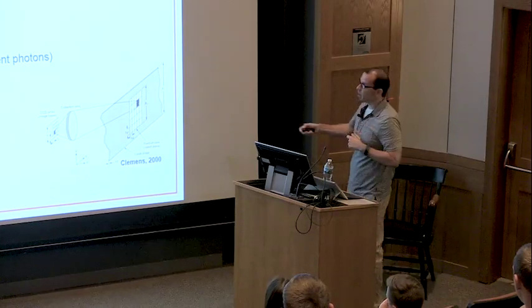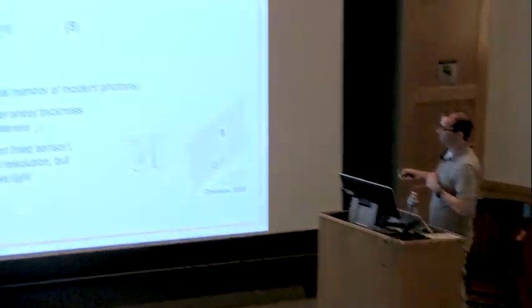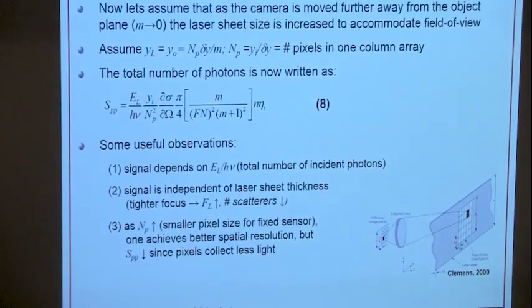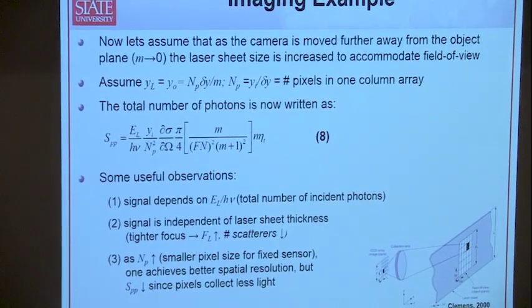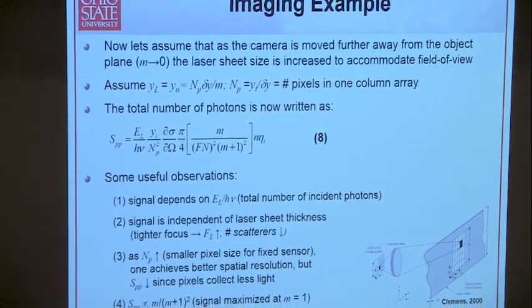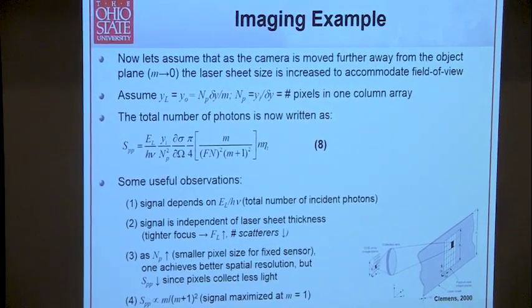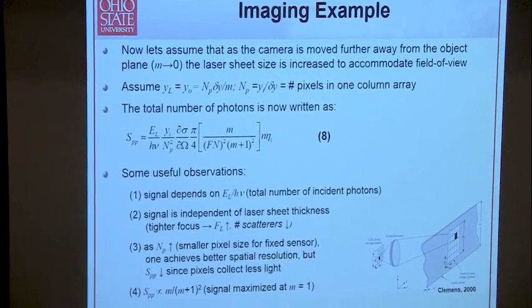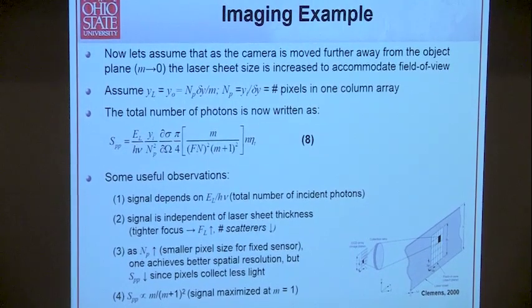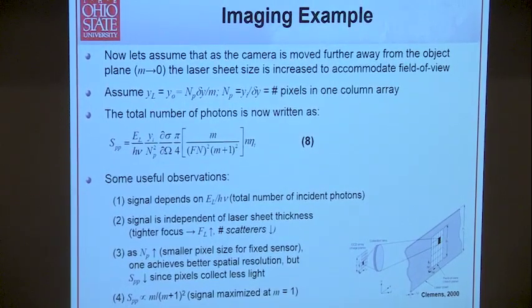Okay, so we can see that as NP goes up, signal goes down. So really, this is the first way that we can start to see that there's this inherent balance between spatial resolution and signal collection, which will turn out to be a signal-to-noise ratio. Okay? So it's very difficult to get great spatial resolution, keep increasing our spatial resolution, and keep increasing our signal. It's just fundamentally not allowed.